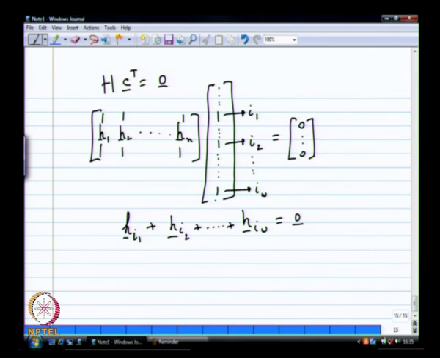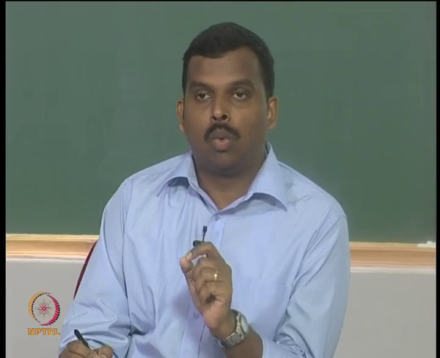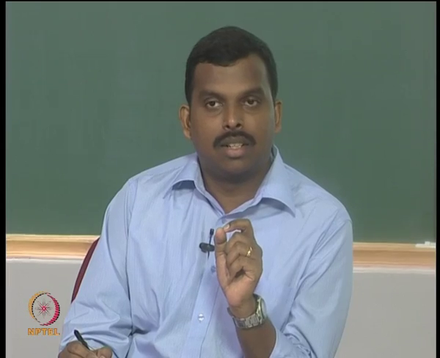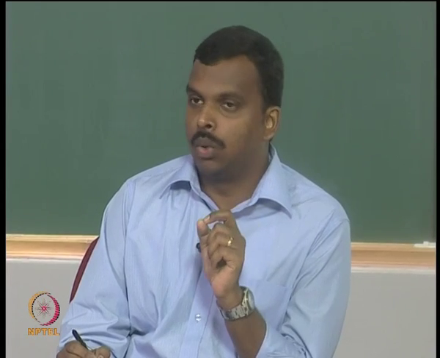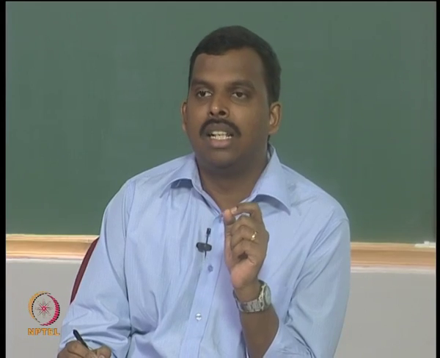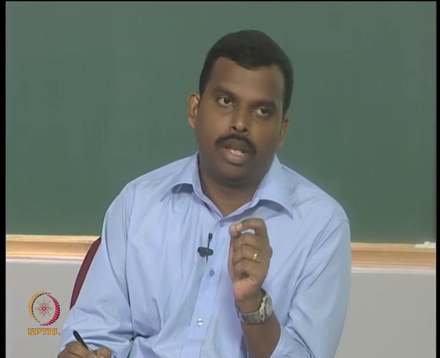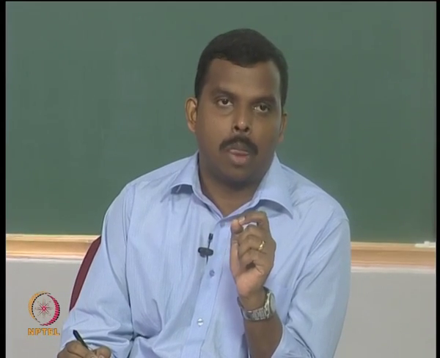So, let me state what we did just now. If there is a code word of weight W, what does it mean? There are W columns of H which add to 0, okay. Or another way of phrasing it is, there are W columns of H which are linearly dependent. Okay. So, that is the way to think about it.